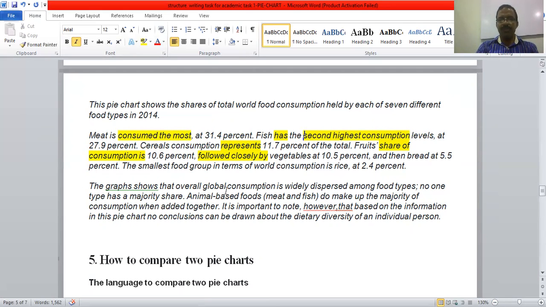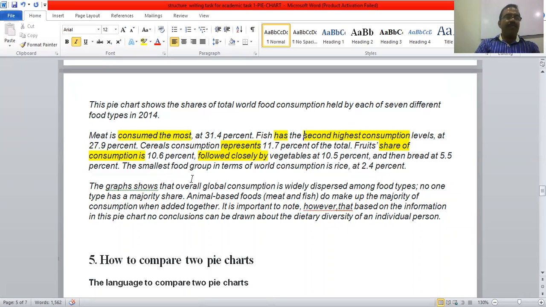Followed closely by vegetables at 10.5%, and then bread at 5.5%. The smallest food group in terms of world consumption is rice at 2.4%.